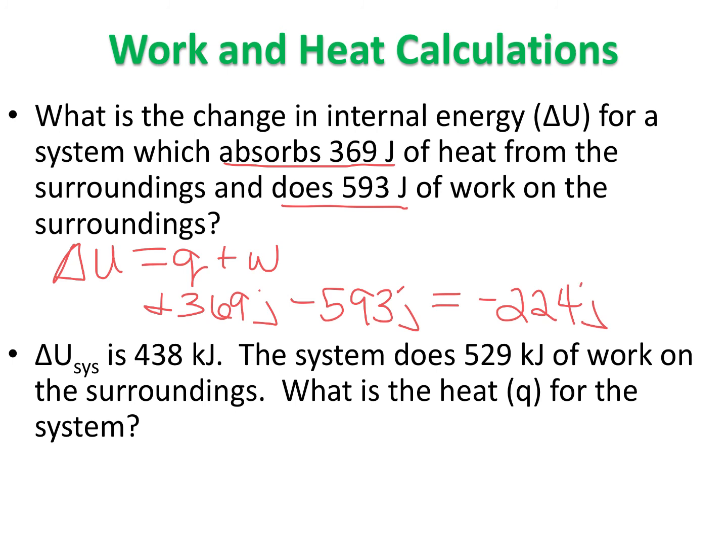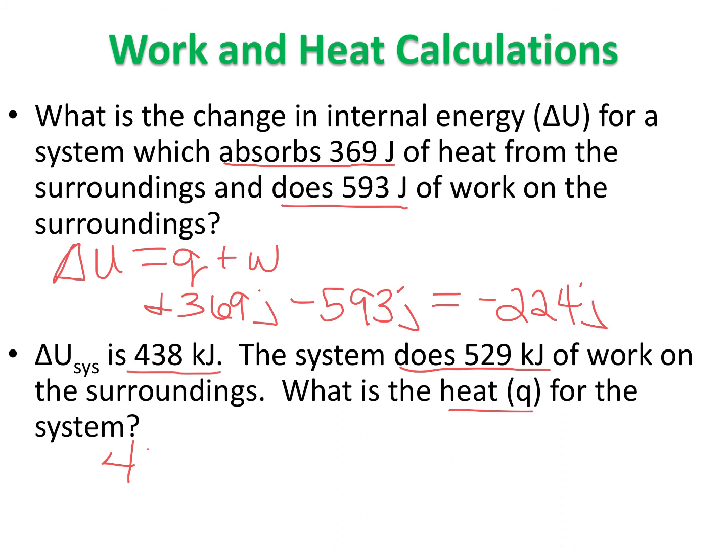For the second problem, the change in internal energy is 438 kilojoules. The system does 529 kilojoules of work on the surroundings. What is the heat for the system? Since the work is on the surroundings, the value of W is negative 529 kilojoules.